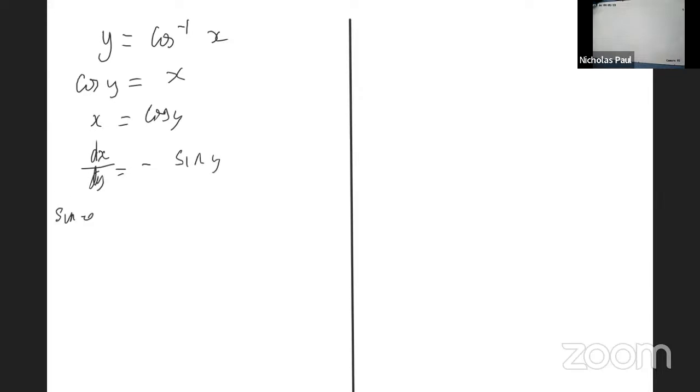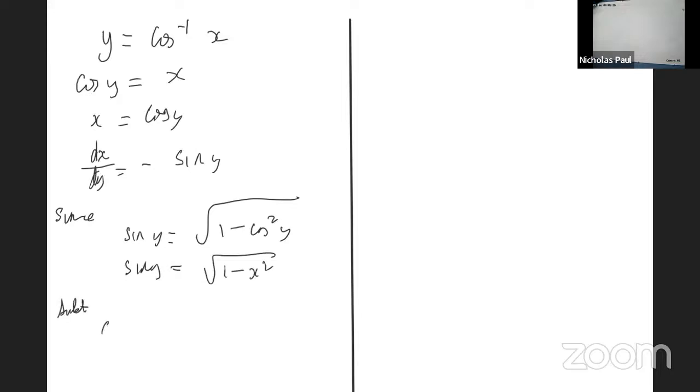We know that sine y is equal to the square root of 1 minus cos squared y, or sine y is equal to the square root of 1 minus x squared. So when we substitute, we'll get dy/dx. Of course, we had to flip it over, right? dy/dx is minus 1 over the square root of 1 minus x squared. So same thing except for the sign.